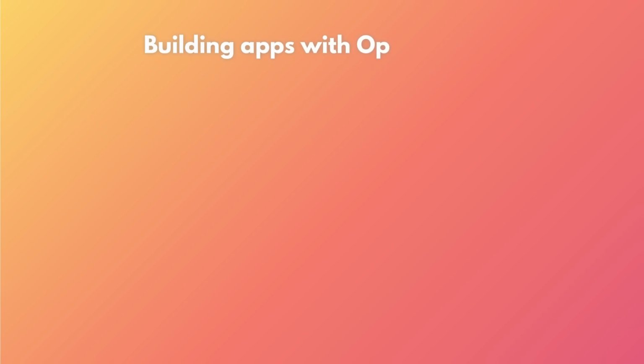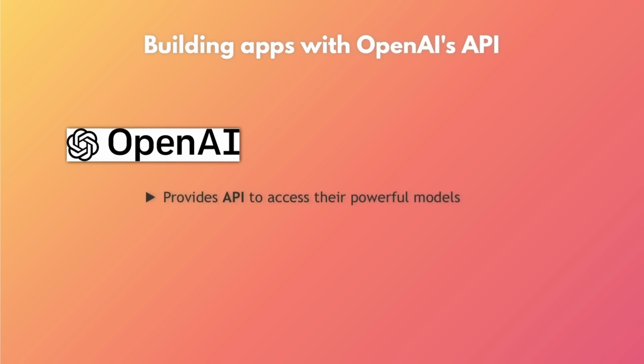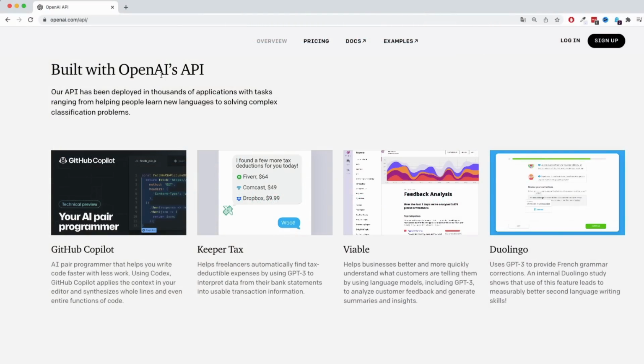Now, as I mentioned, ChatGPT is one of the projects of OpenAI. And OpenAI actually provides an API, which anyone can build on top of. So there are many companies or individual developers out there who actually create models based on OpenAI's API.